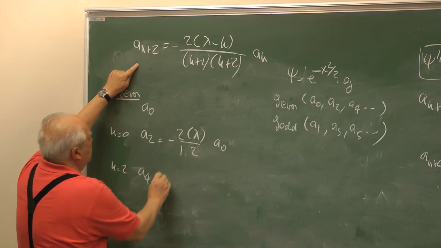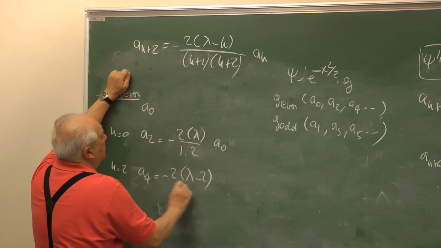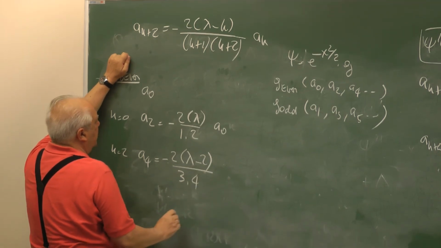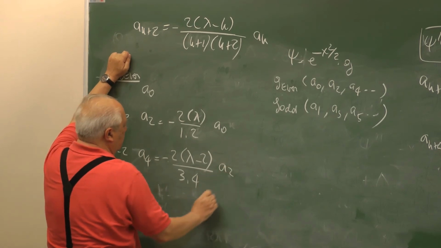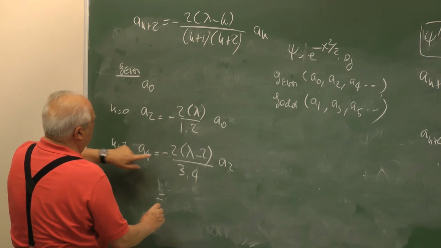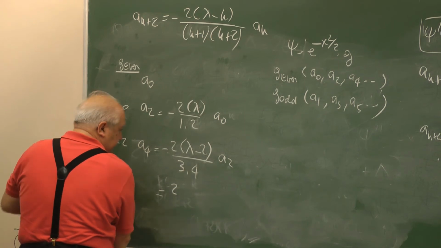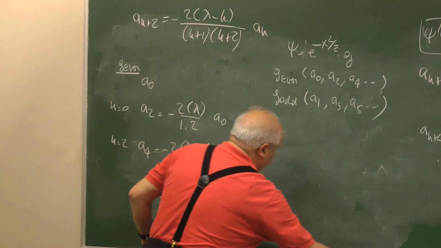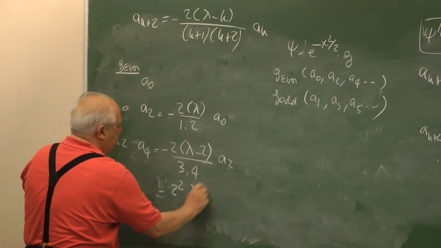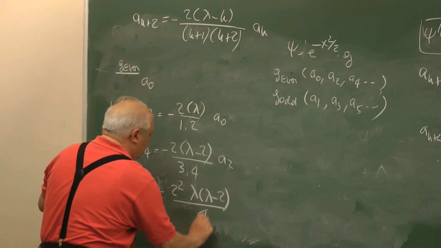So a4 is minus 2 (lambda minus 2) divided by 3 times 4 times a2. Let us put a2 into here. Minus minus plus: 2 squared lambda (lambda minus 2) divided by 4 factorial.